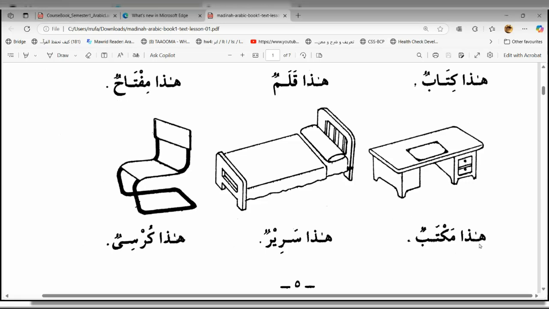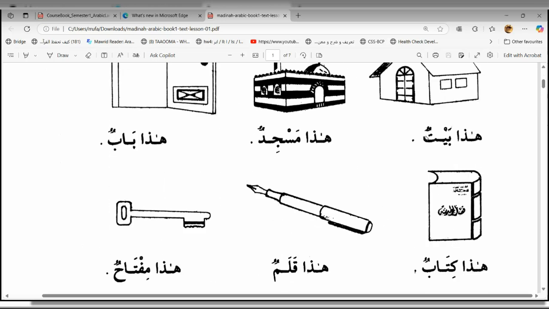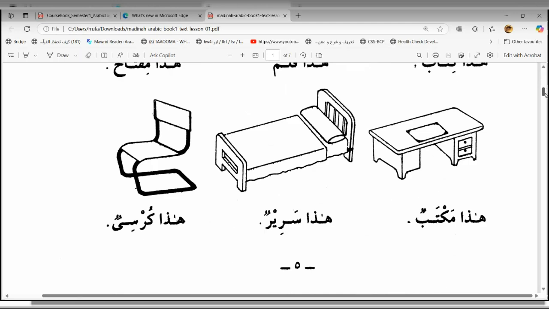I want to say a couple of things about these sentences. One is, notice that all the nouns end with a tanween, ضمتين: بيت, مسجد, باب, كتاب, قلم, مفتاح, كرسي, سرير, مكتب.